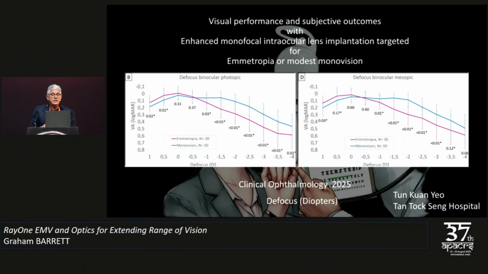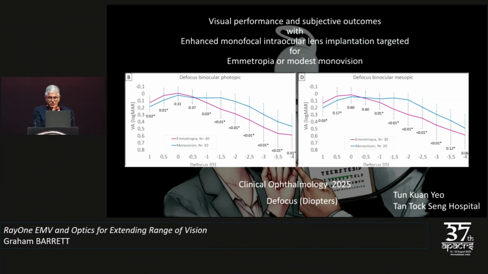So the blue line is the binocular defocus curve for those with monovision. The red is the ones for emmetropia. So even the emmetropic eyes have a very good defocus curve. They are getting some useful near vision, good intermediate, but you can see how much more near vision adding that modest monovision with the EMV provides.